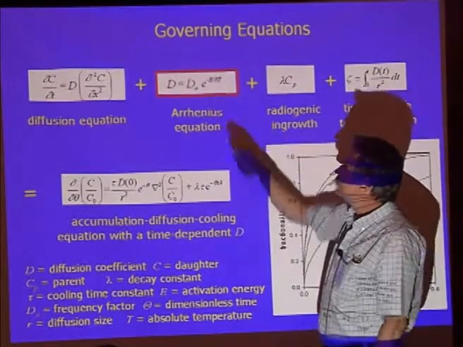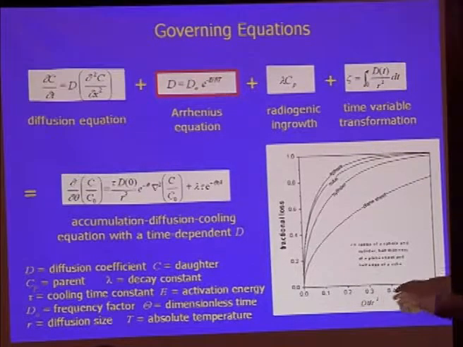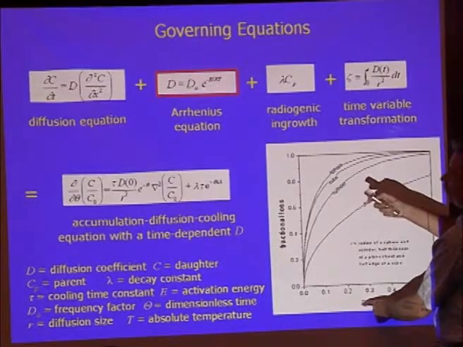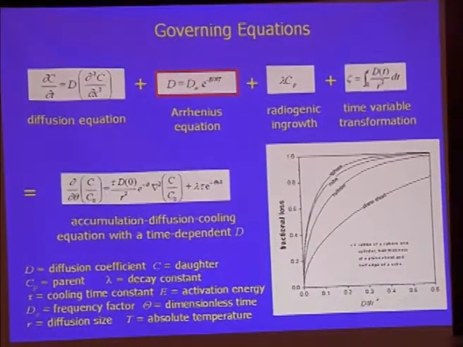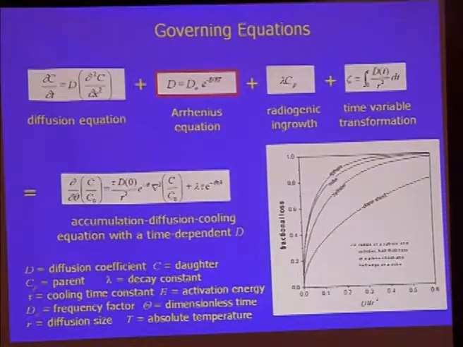R is the gas constant and T is absolute temperature. And once we make this step, if we know E and D0, we can translate that value of the diffusion coefficient into temperature. It's the only thing we don't know.